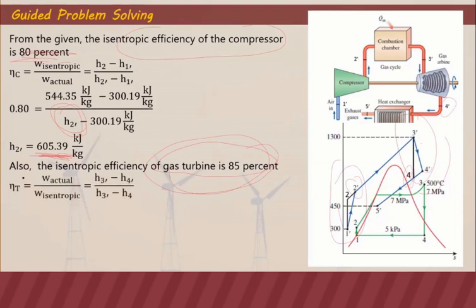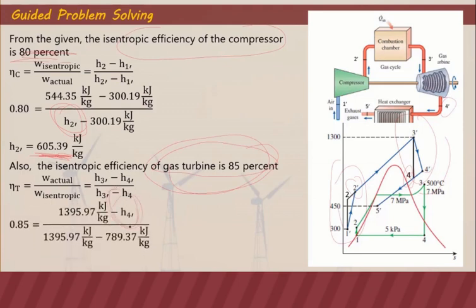For the turbine, the isentropic efficiency is work actual over work isentropic. The actual work is the shorter path, H3 prime minus H4 prime, divided by the longer path of the isentropic process, H3 prime minus H4. So we need to solve for the actual value. H4 prime is 880.36 kilojoules per kilogram.